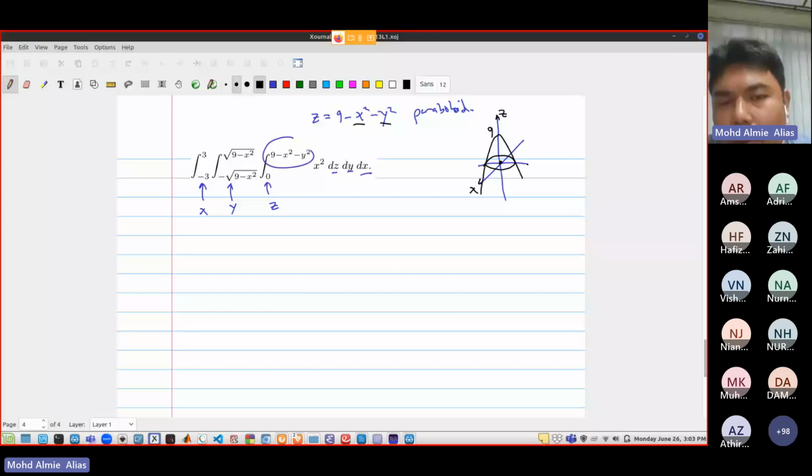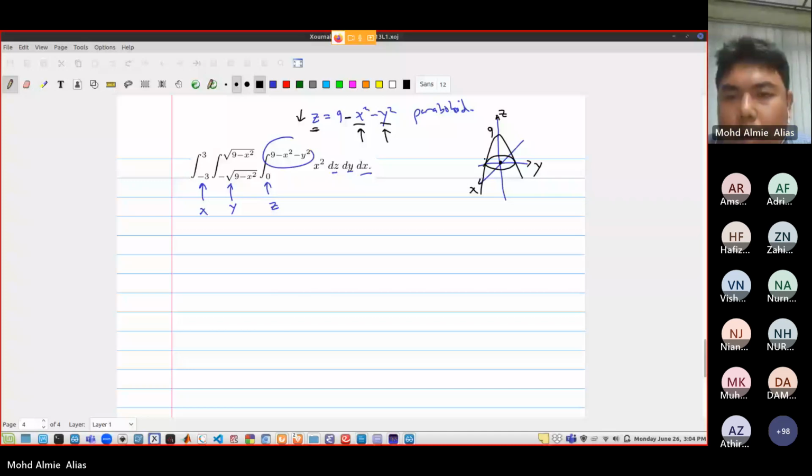As x and y increase in value, z will decrease because these terms are negative. When these are increased, 9 minus positive numbers always becomes smaller and smaller. That's why the value of z decreases.